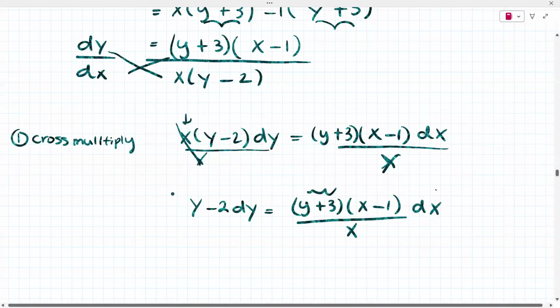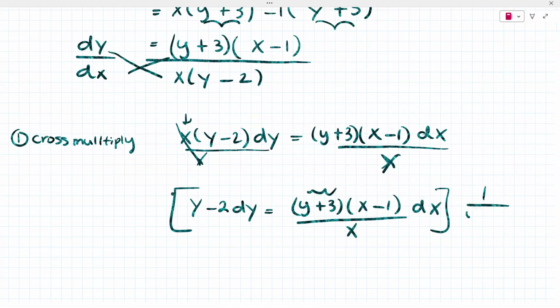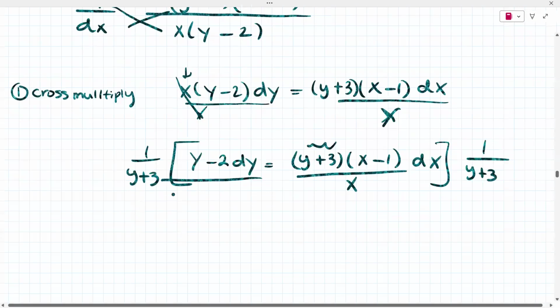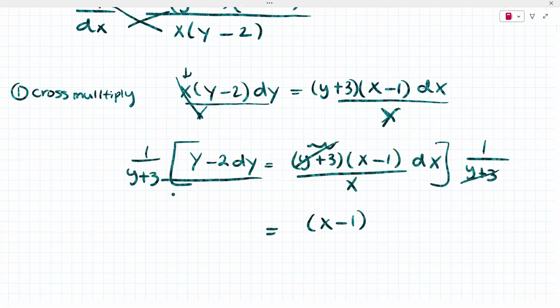So I'm going to multiply both sides by the reciprocal of that, which is 1 over y plus 3. Okay, so this cancels, so we're left with x minus 1 over x dx. For here, it's just going to be y minus 2 over y plus 3 dy.